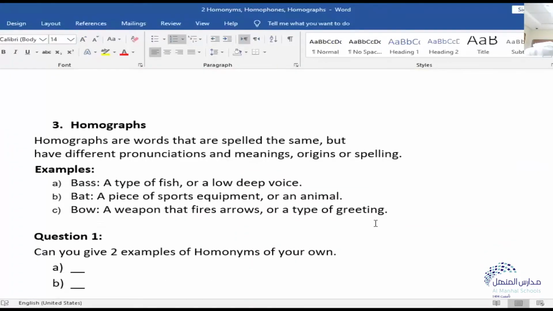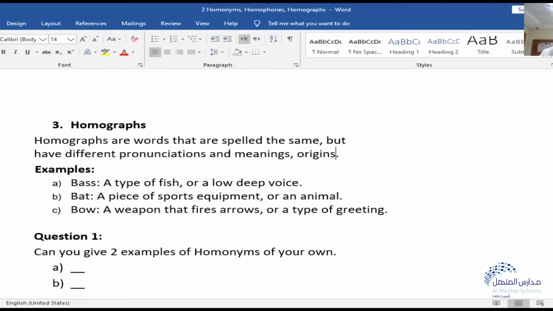Homophones. And homographs are words that are spelled the same but have different pronunciation, different meanings, and different origins, right? All right, so think of the word bass and bass, right?